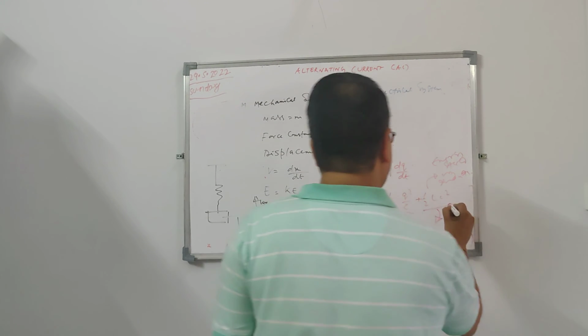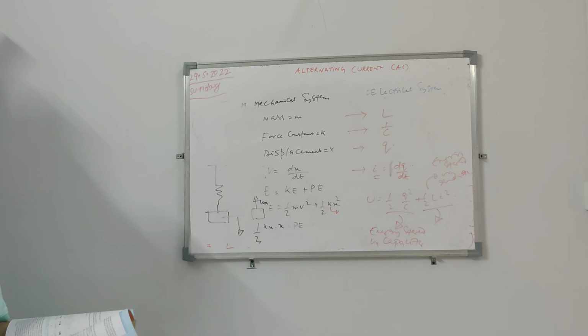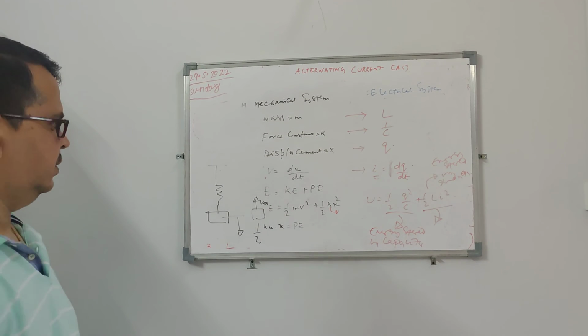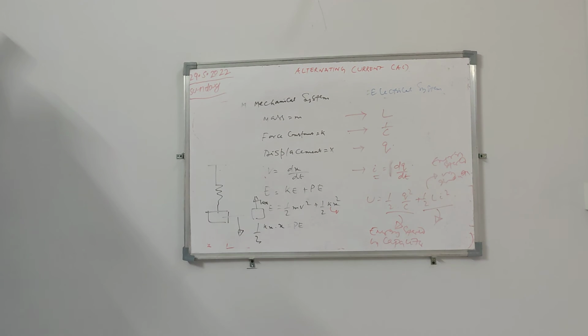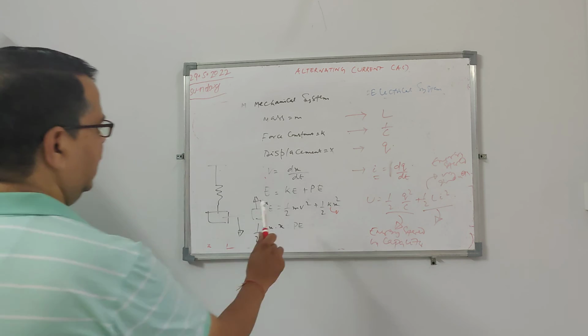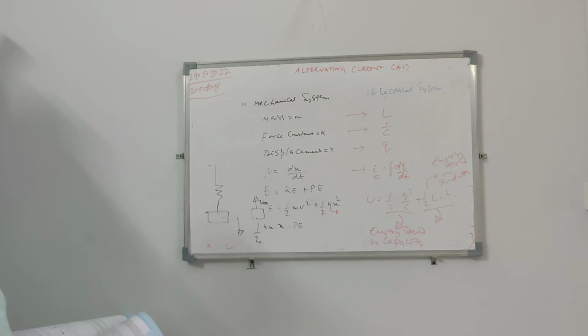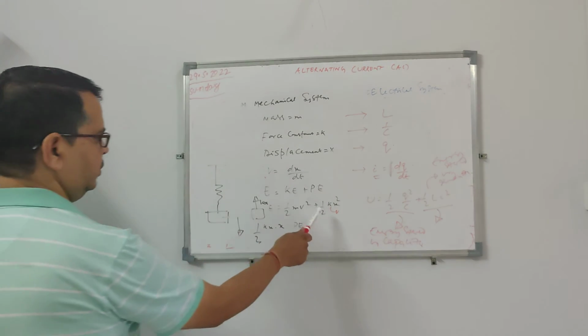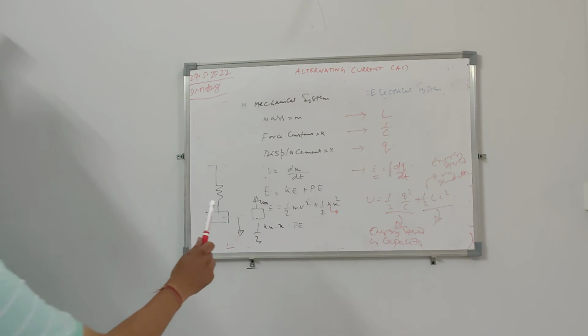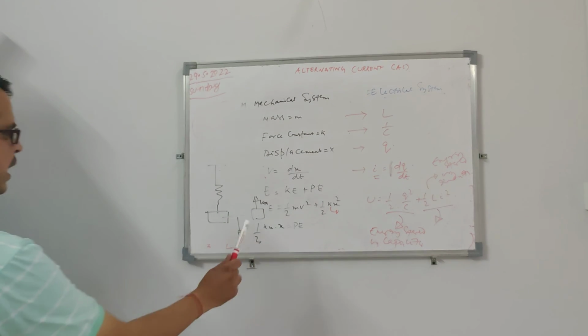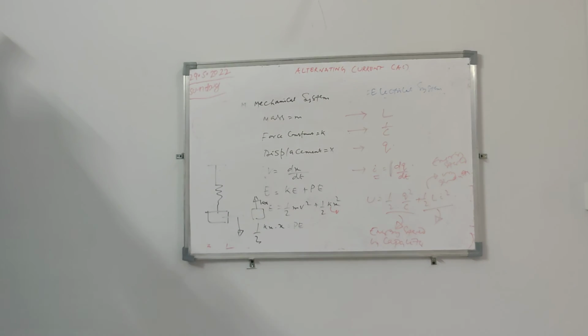You have to learn all these things by heart, because you won't have time to derive them in your test. So total energy is the sum of kinetic energy plus potential energy, half m v square and half k x square. I have told you how you got half k x square: it is force into displacement, divided by 2 to find the mean value.